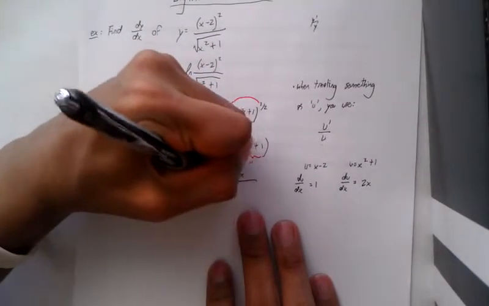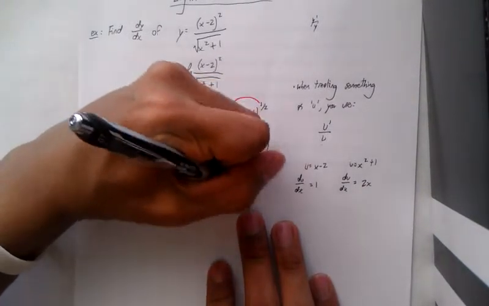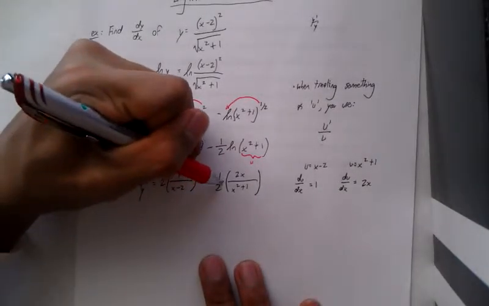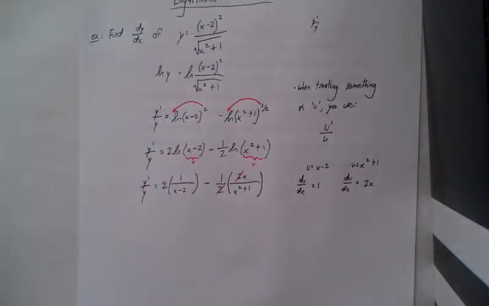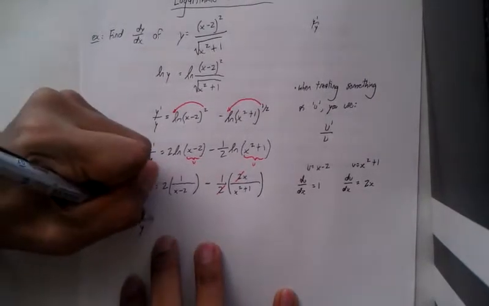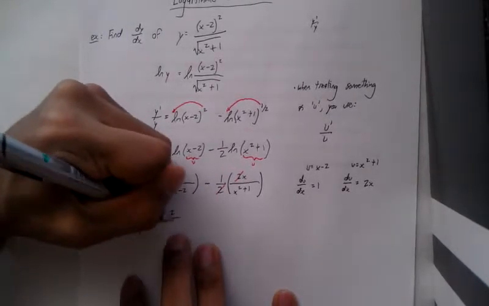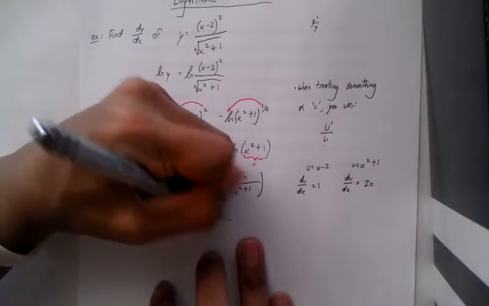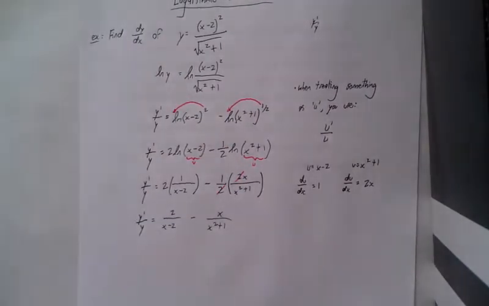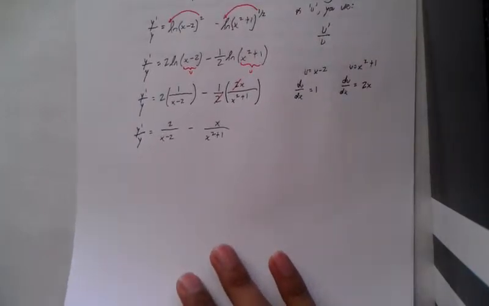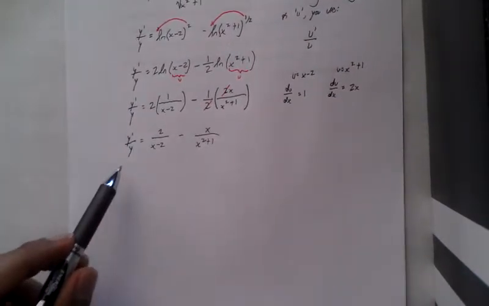U in this case is x squared plus 1. This 2 right here and this 2 can cancel out. So if you bring down all of this, y prime over y equals 2 over x minus 2 minus x over x squared plus 1. And so right now we got rid of our natural logs.